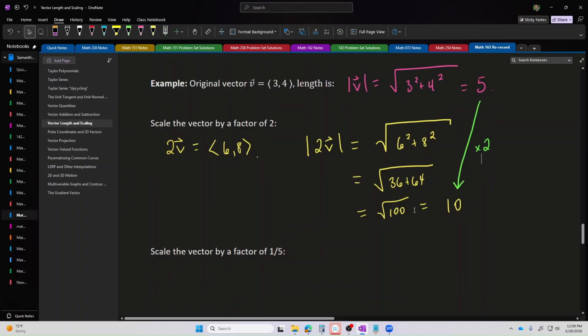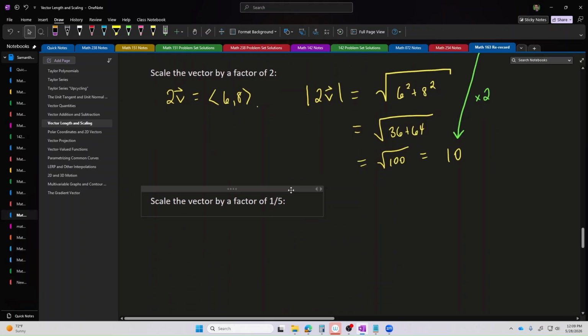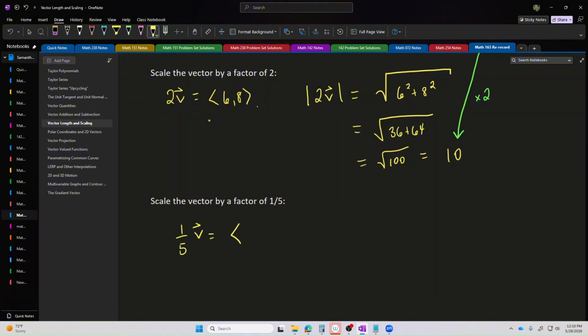The same thing will happen if I scale the vector by a smaller factor. For example, let's scale this vector by a factor of 1/5. If I take the vector v and scale it by a factor of 1/5, that's going to give me 3 over 5 and 4 over 5.